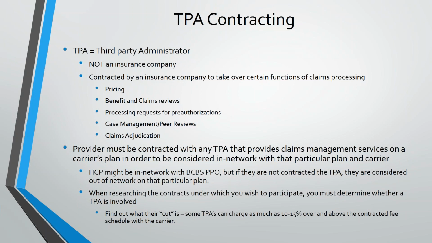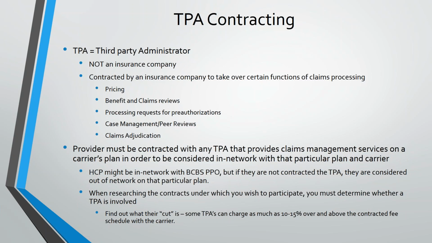And these are things that you need to know when researching the contracts under which you wish to participate. You have to determine whether a TPA is involved. The other thing you need to know about these TPAs is that they take a cut of the pie. I mean, they don't do this for free. And so what it oftentimes does is cut into your reimbursements even further, and you'll usually find that an insurance company that is using a TPA is going to have a much lower reimbursement threshold than if you're dealing directly with that insurance company.